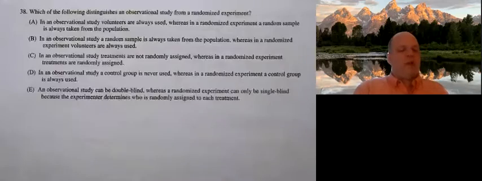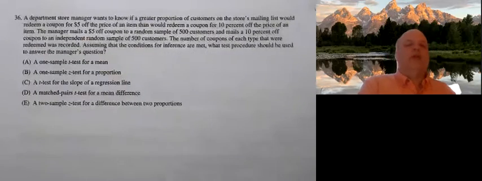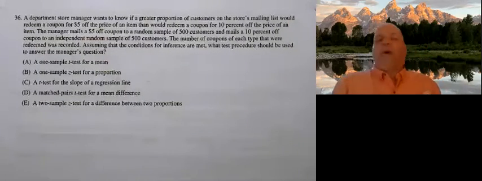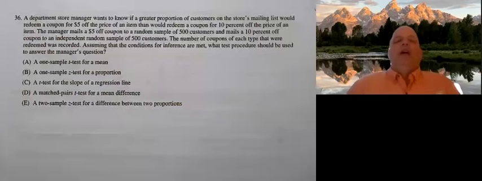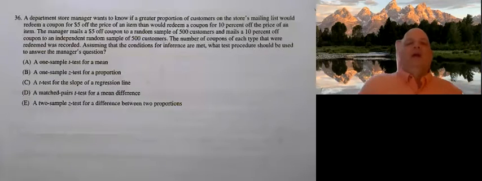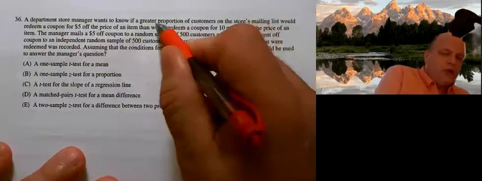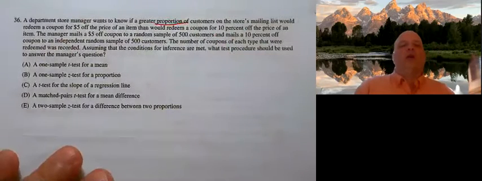All right, so number 36. A department store manager wants to know if a greater proportion of customers on the store's mailing list would redeem a coupon for $5 off an item or for 10% off the price of an item. And by the way, greater proportion, probably need to come back to that word.